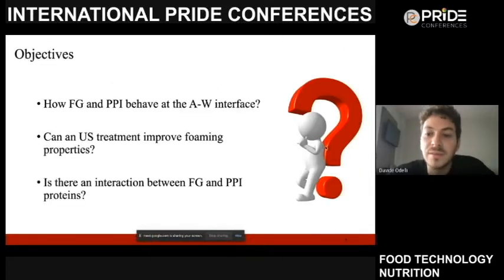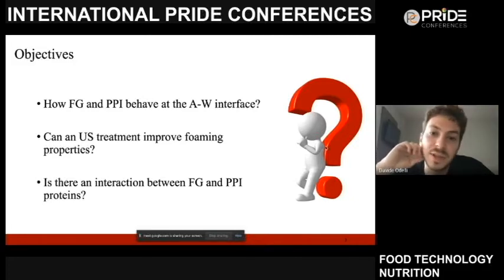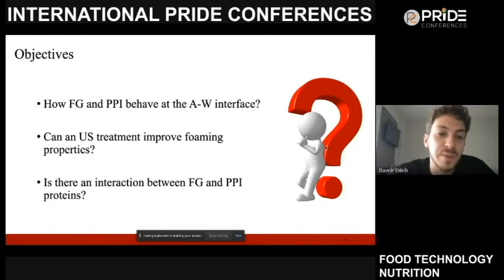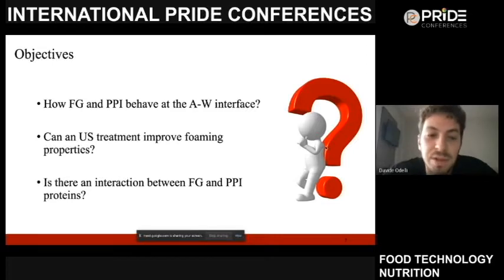So the objective of my study was in particular to answer these three questions: how fish gelatin and pea protein behave at the air-water interface, if an ultrasound treatment is able to improve the foaming properties of these proteins, and in the end, if there is an interaction when fish gelatin and pea protein are combined.